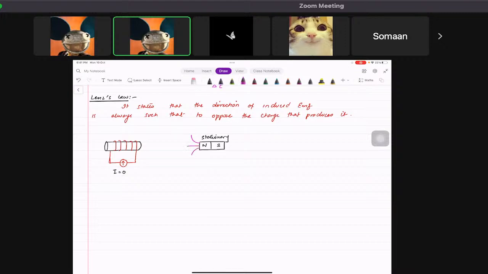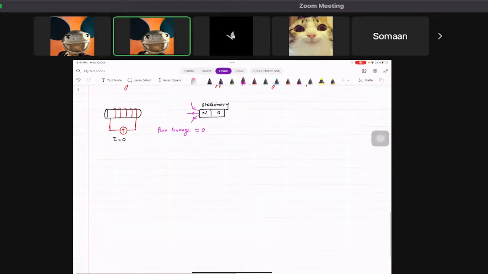The magnetic field could not reach it, or very little magnetic field. So we would say that the flux linkage was almost zero. It was not there, right?